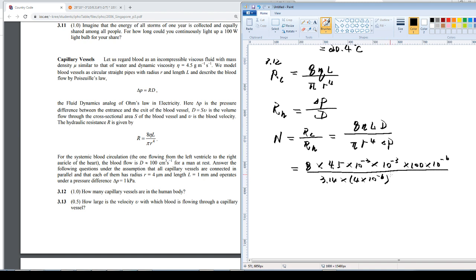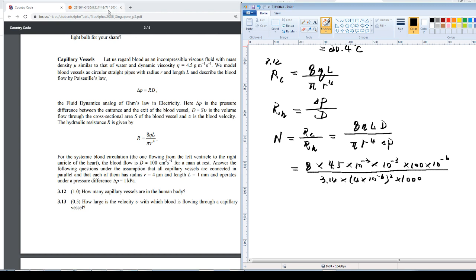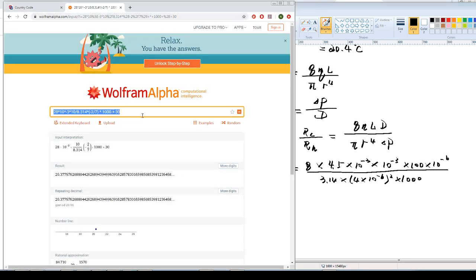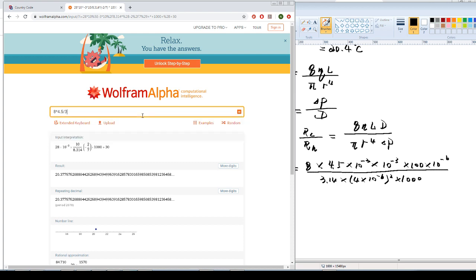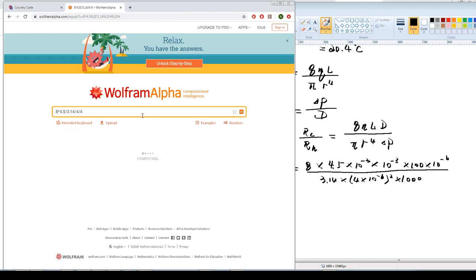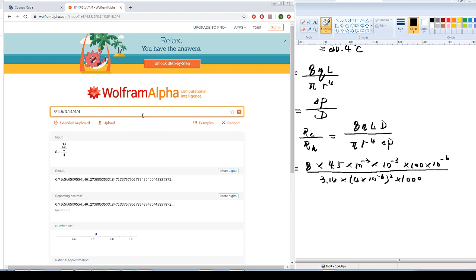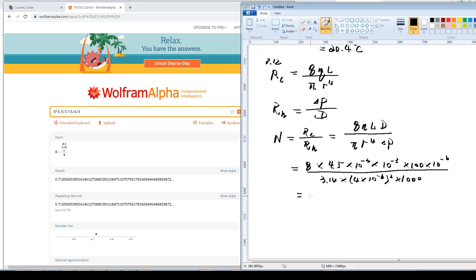Okay, convert everything into meters. Right? So let's see how big this number is. So all the numbers gave me 0.72.